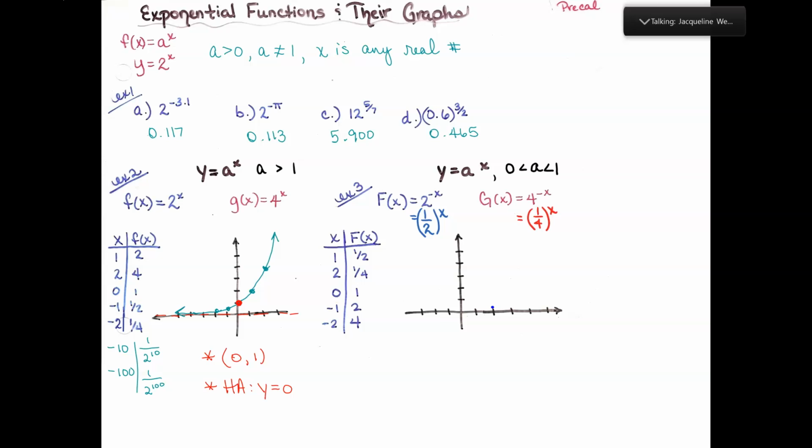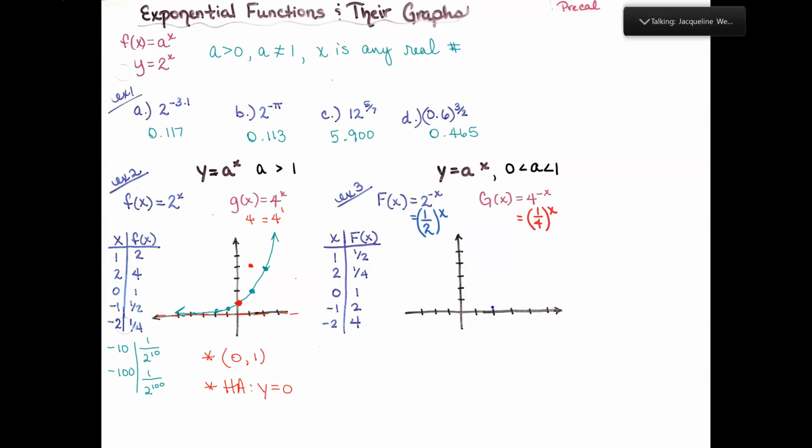What would be an easy point to plot over here on the right-hand side? How about 1? Yes, that'd be easy to plug in, right? All right, so if I plug 1 in for x, what am I going to get? 4. So that would be the point (1, 4).